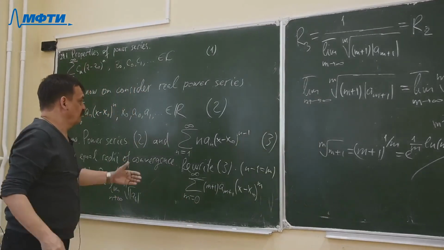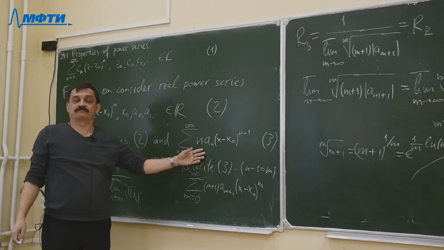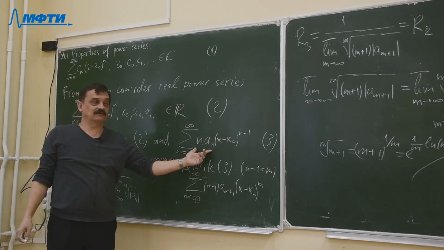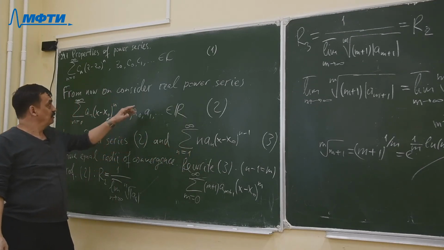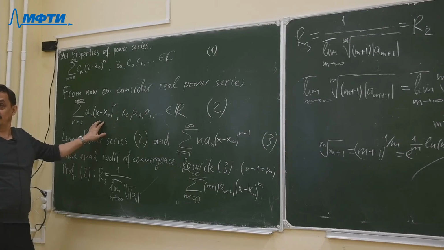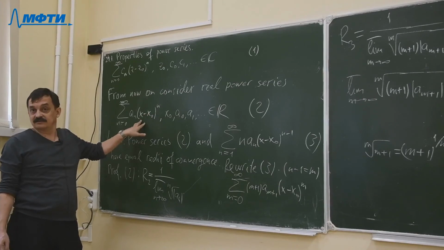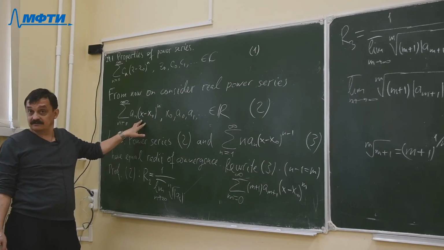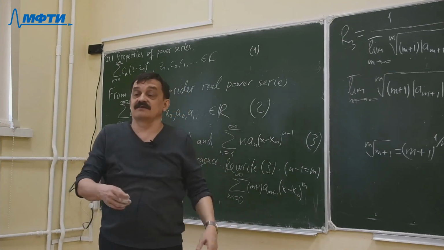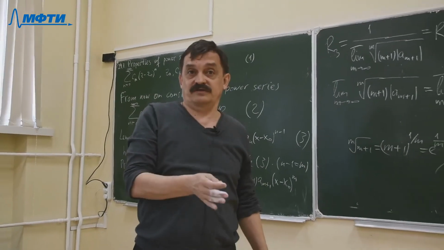And what is 3? Let us look carefully. How was it obtained? We differentiate series 2 term by term in x, right? That is, the series 3 is the result of term by term differentiation of the series 2.